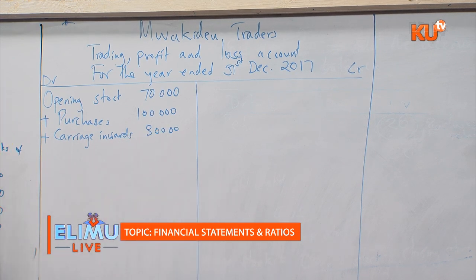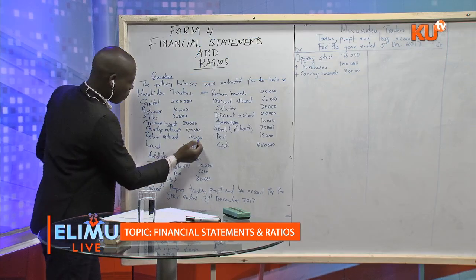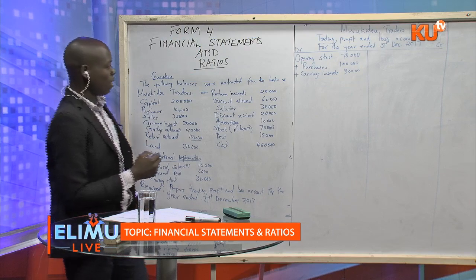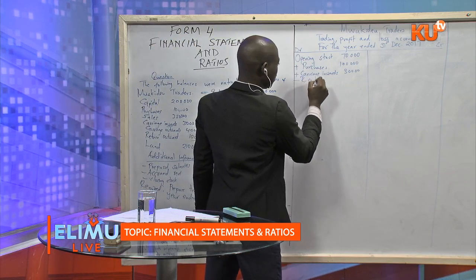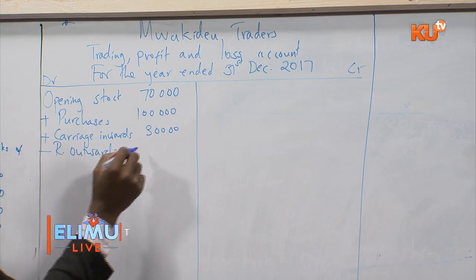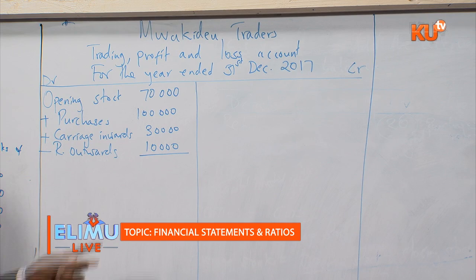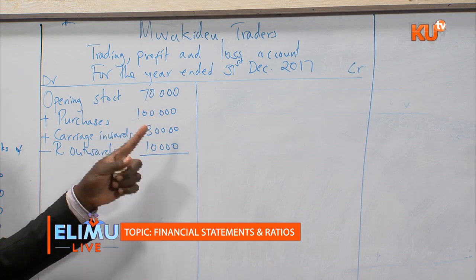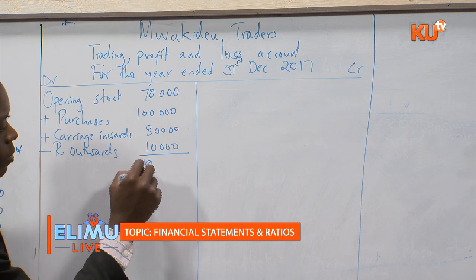Number four, do you have purchases returns or returns outwards? From the balances, we have purchases returns, 10,000. So we subtract returns outwards, that is 10,000. Now let's work this out. This is 70, 170, this is 200 minus 10 gives us 190,000.